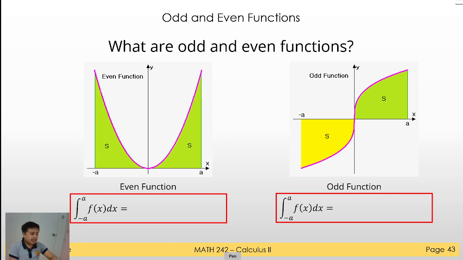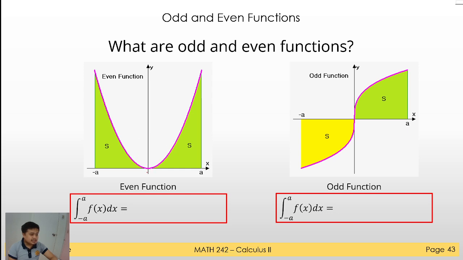Now we can find the area of this function under the curve, and we will have this definite integral. But to make things simpler, instead of finding the area of these two areas, we can just find one of them and then multiply it by 2 since they are symmetric.